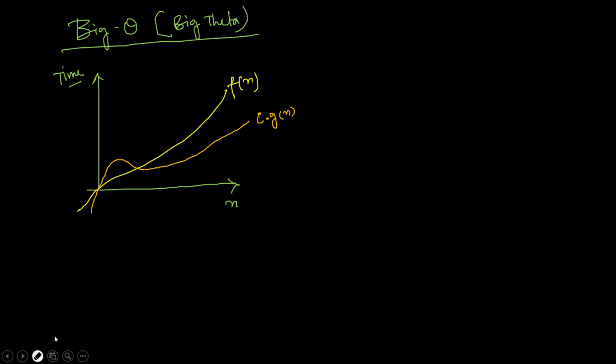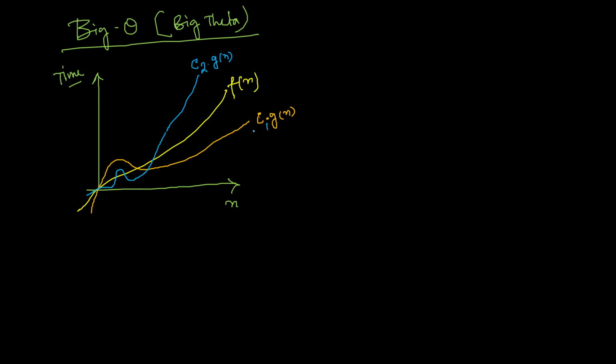For example, it can be something like this. This is C1 of g(n) and this is C2 of g(n). Okay, easy. We are having the same function g(n) over here, just a constant difference.